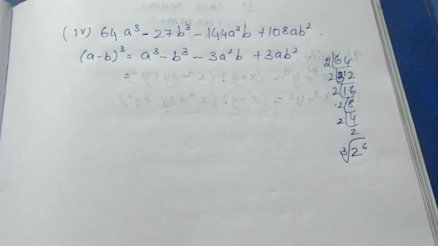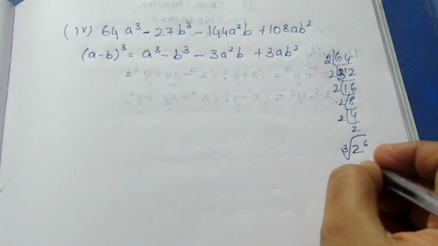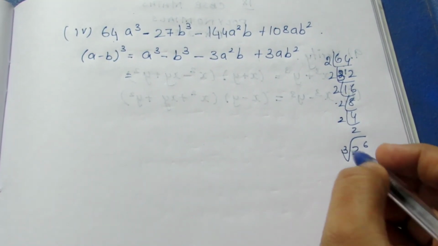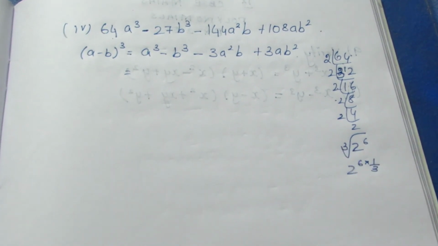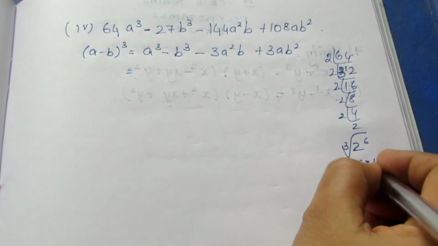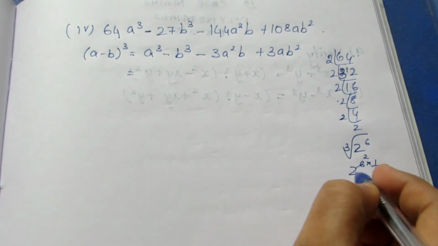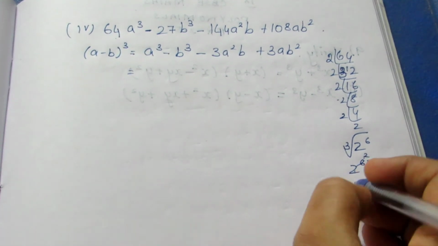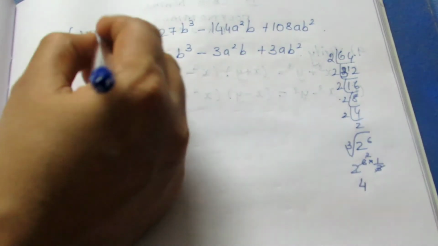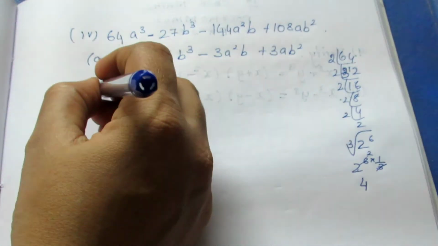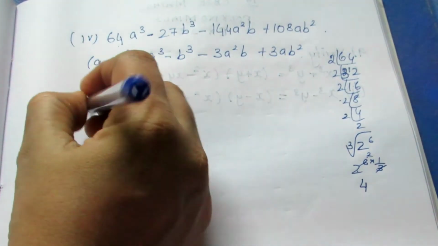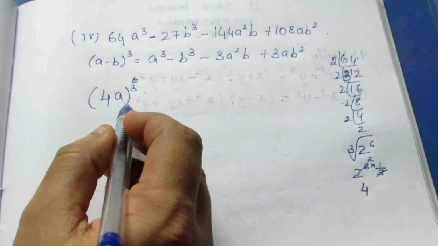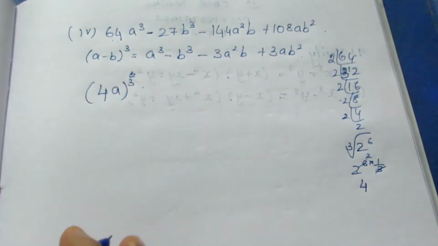If we take the cube root of 2 power 6, this is nothing but power 1 by 3. We can write the cube root as power 1 by 3. If we cancel, we find it is 2 square, which is nothing but 4. The cube root of 64 is 4a the whole cube. So 4 4s are 16, 16 4s are 64.